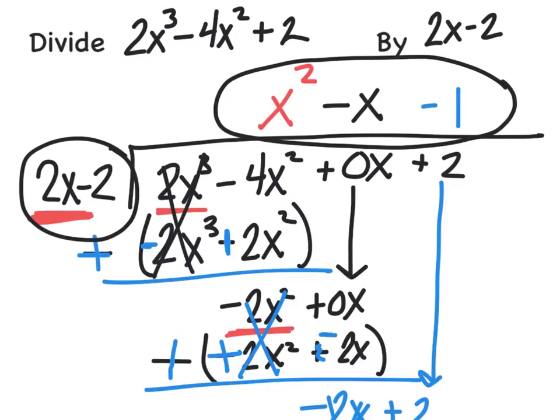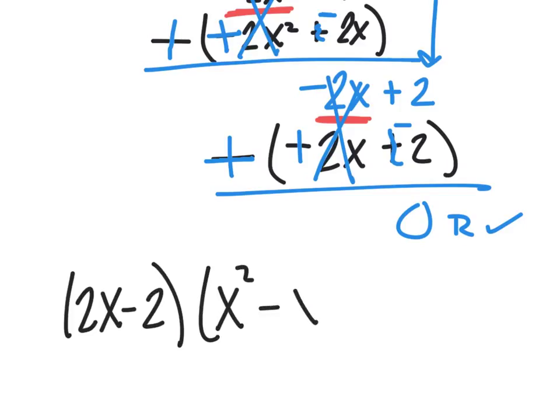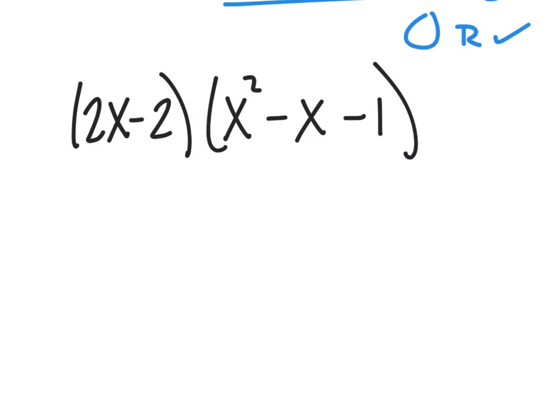Now, I'm going to multiply those out just to prove that we did it right. 2x minus 2 and x squared minus x minus 1. Okay, so we talked about multiplying polynomials a while ago, and we said we're going to use that distributive property when they start to get large. So I'm taking 2x, and I'm going to distribute it to each of these terms.